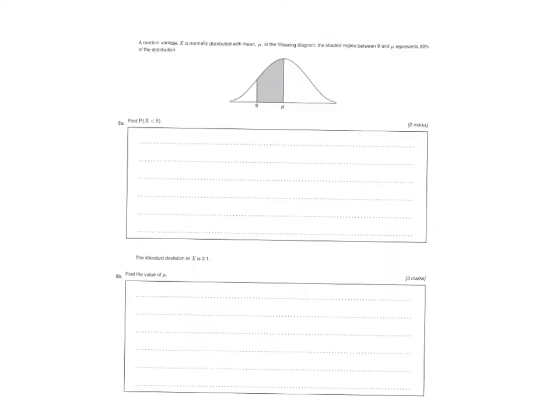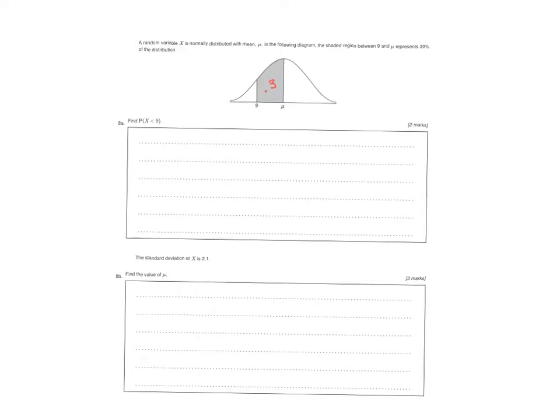Now, if we know that the shaded area is 30% of the distribution, we also know that to the left of the mean and to the right of the mean is 50% each.